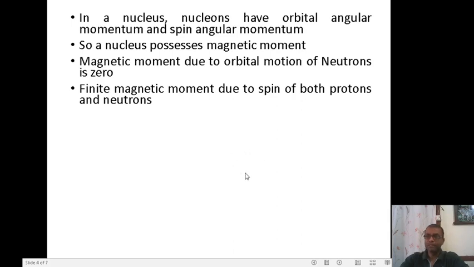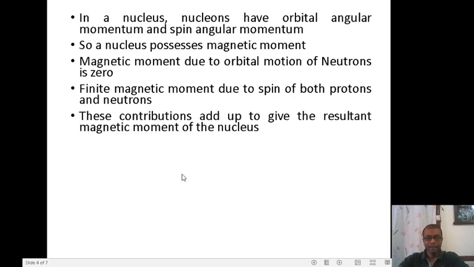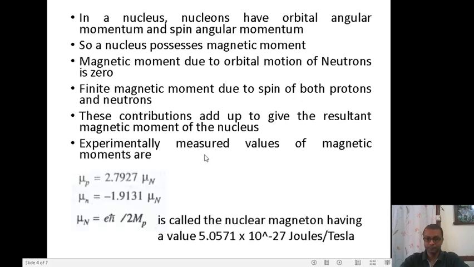So when the neutron spins round, it constitutes tiny current loops because of its non-uniform distribution of charge. However, because of its orbital motion, being overall neutral, it will contribute 0. These contributions to the magnetic moment because of the spin motion and orbital motion of the individual nucleons in the nucleus add up to give the resultant magnetic moment of the nucleus.